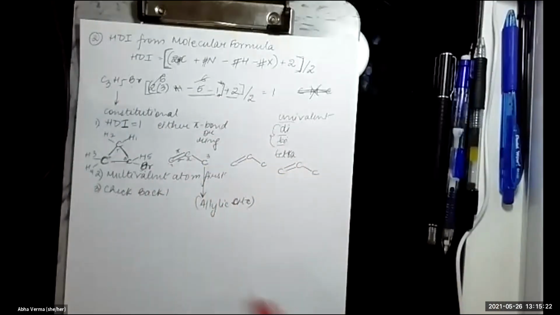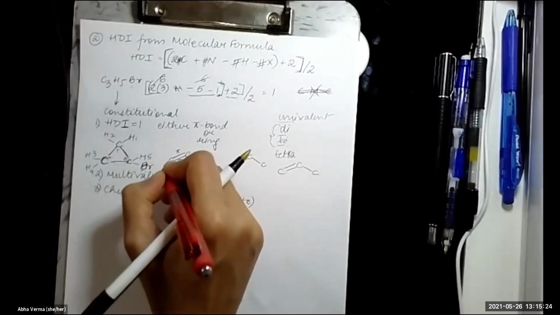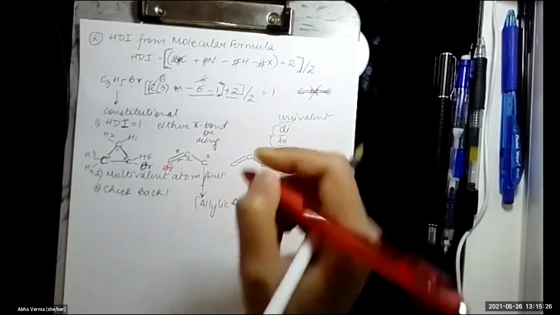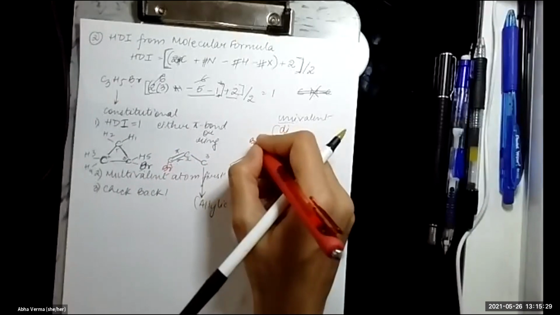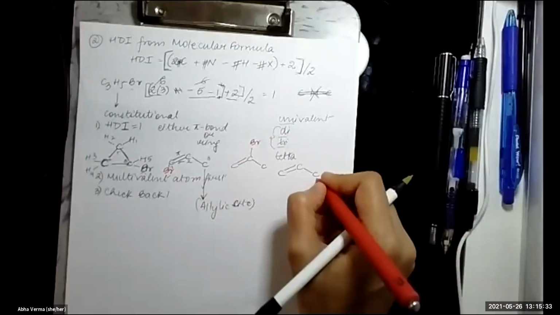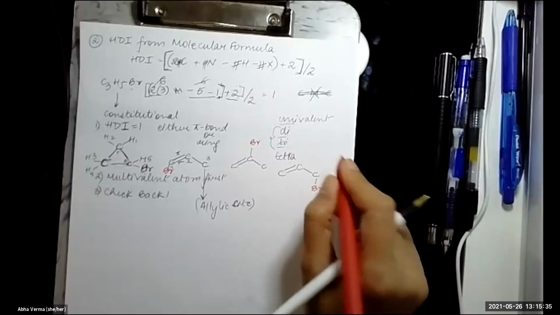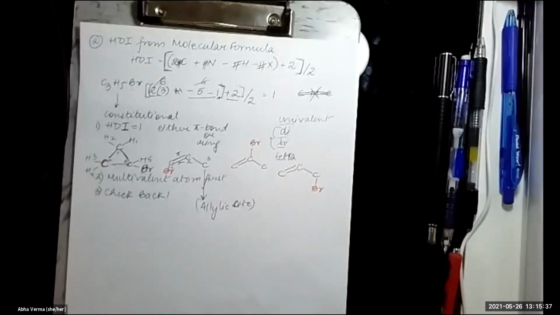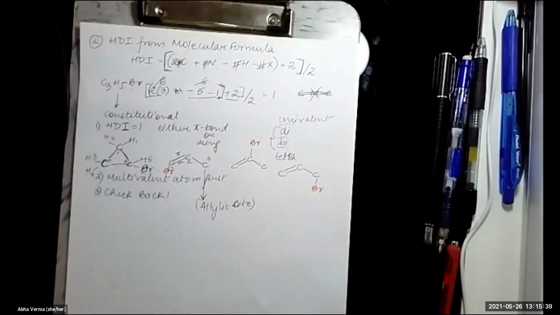Now I can put my bromine on carbon number 1. I can put my bromine on carbon number 2, or I can put my bromine on the carbon number 3 or the allylic site here. Are you all with me so far?